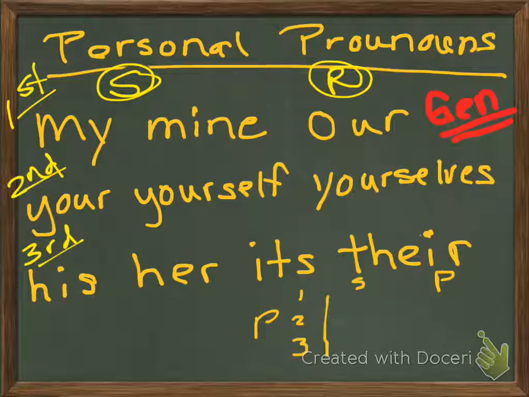And real quick, just to recap, first person means somebody's doing the talking directly in that sentence. The second person means somebody's being talked to in that sentence.